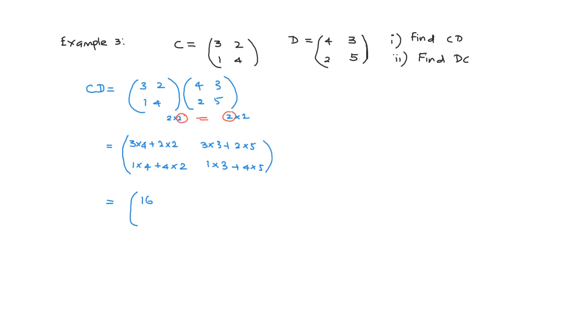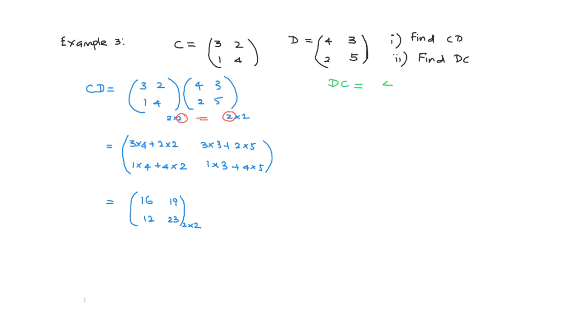You have 3 into 3, 9 plus 10, 19. 4 plus 8, it's 12. And 3 plus 20, 23. So 2 by 2. This is CD.